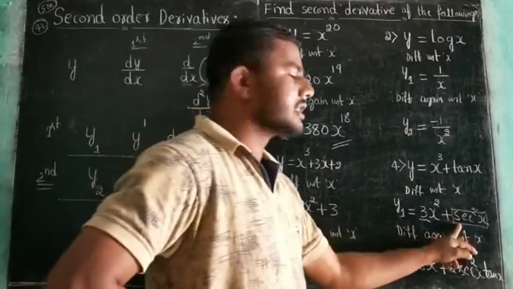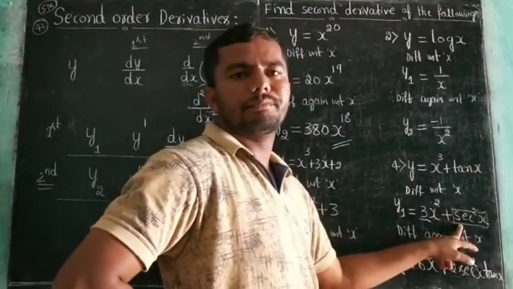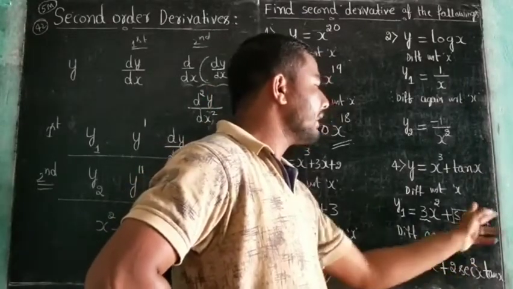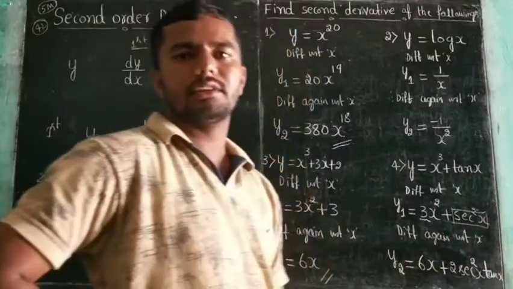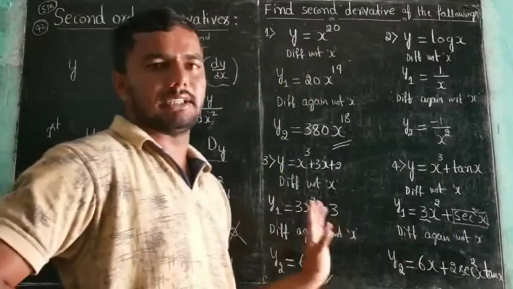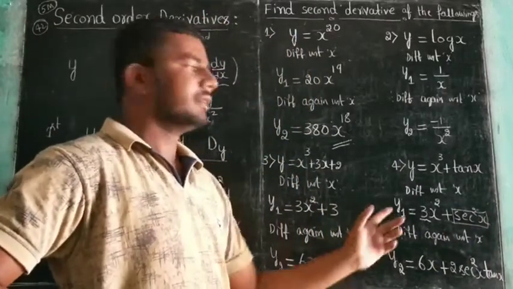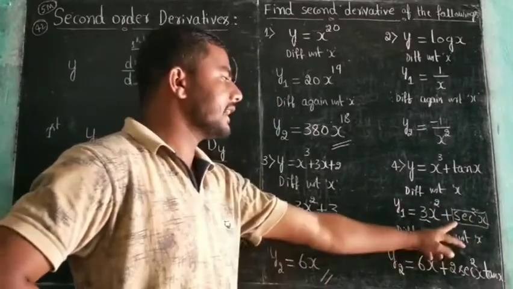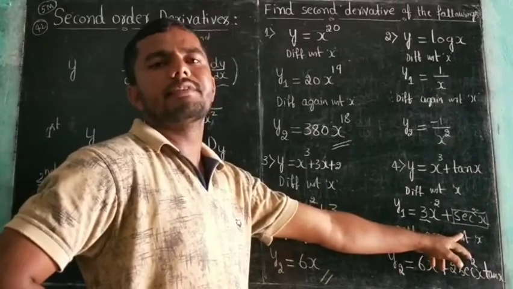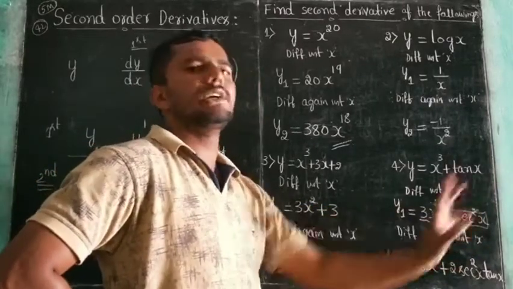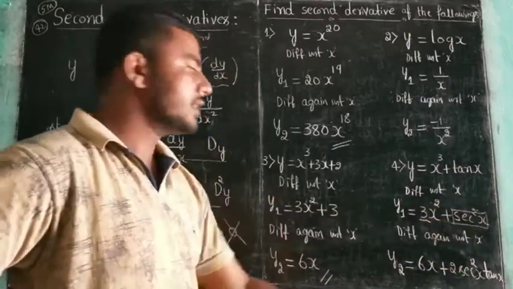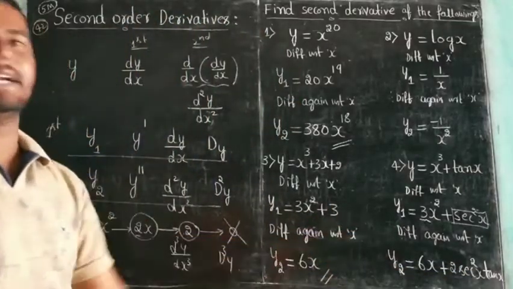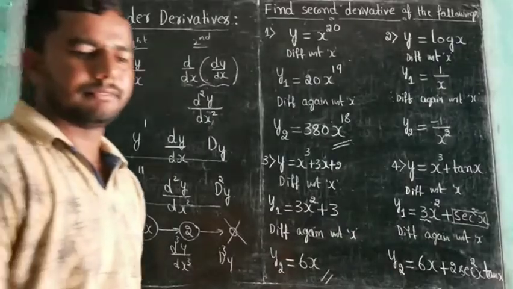Secant square x is of the form w power n, which is n into w power n minus 1, becomes 1. 2 secant x into d by dx of secant x. w means secant x. The derivative of secant x is secant x into tan x. Secant into secant is nothing but secant square. Secant square x into tan x.